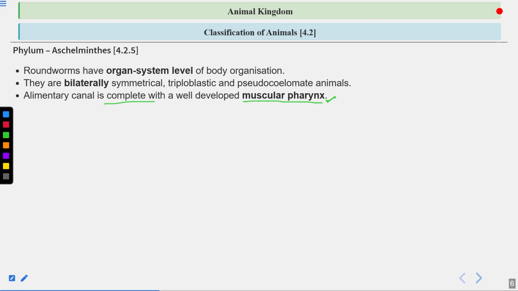The function of the muscular pharynx is that it helps in chewing the food material, the type of food material that the Aschelminthes are consuming. So they have the muscular pharynx that helps in chewing of the food.